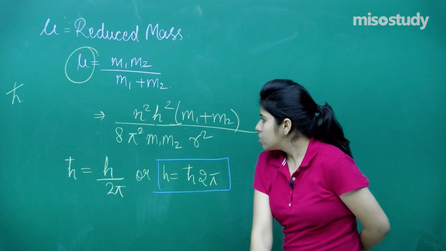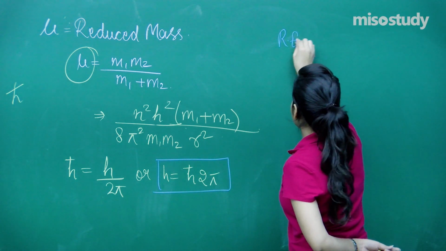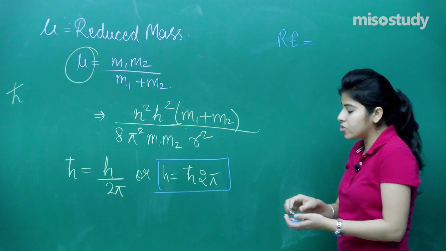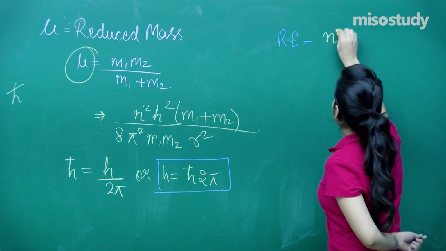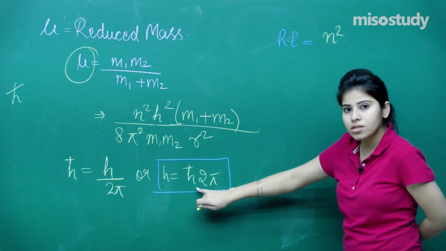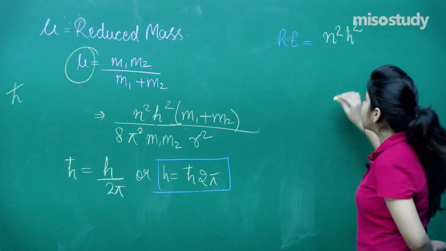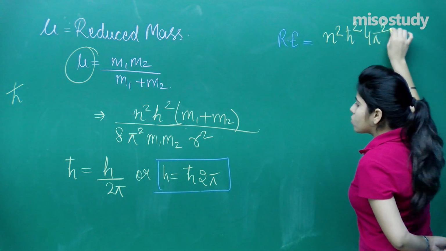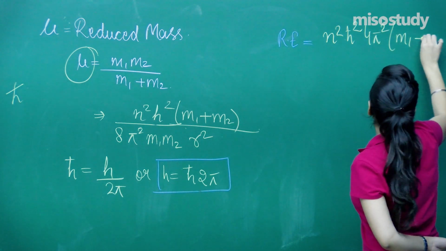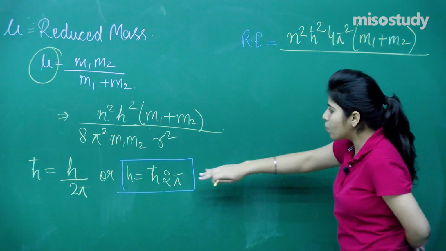Okay, so we now have the rotational energy, let me write it as RE, that is n square into h square. Now in place of h square you are going to put h cross square into 4 pi square, over 4 pi square into m1 plus m2. Till then you can do the calculation along with me.